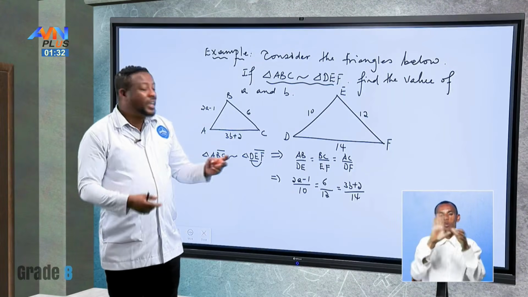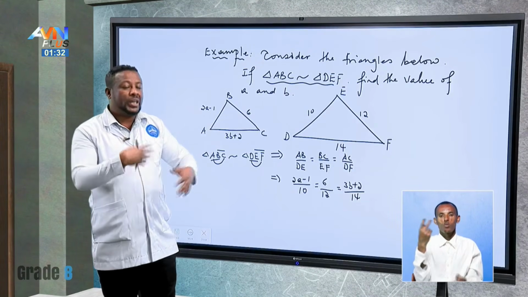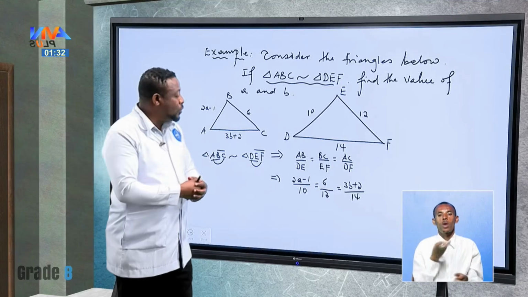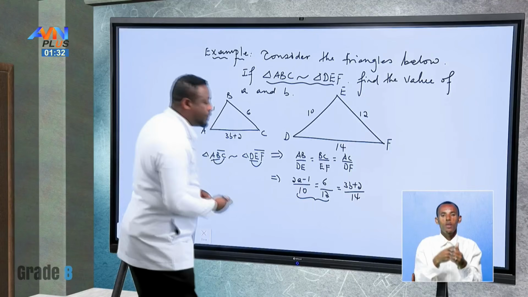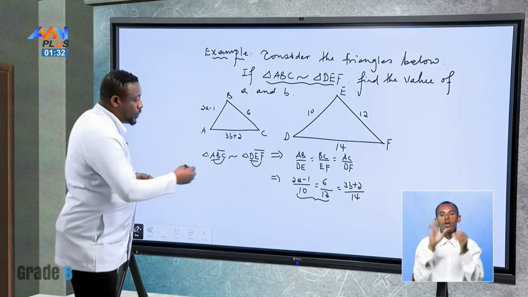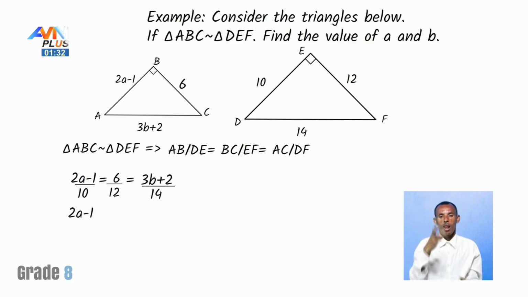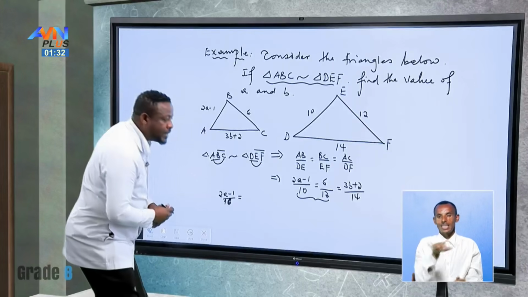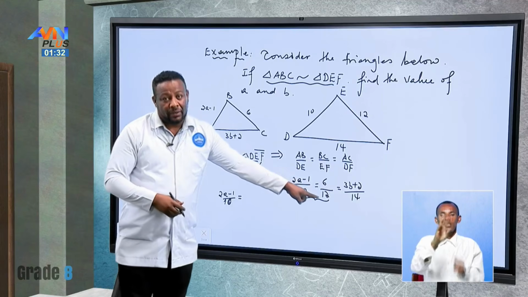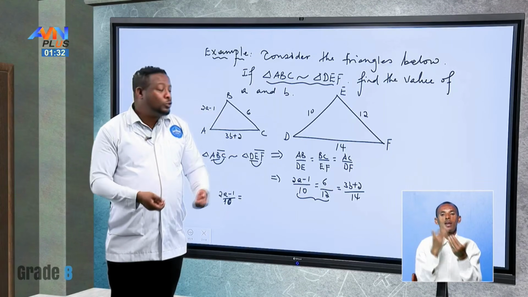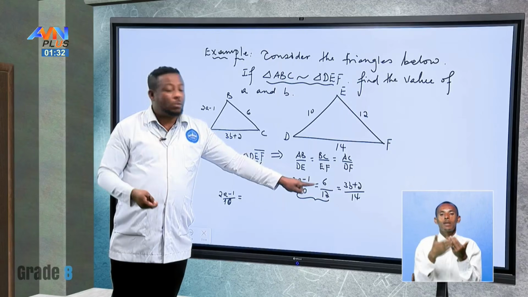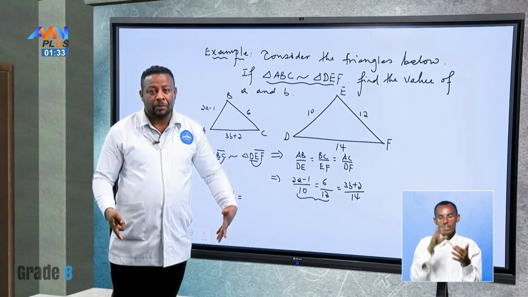By taking two pairs of equations, we can calculate the unknown variables. So take the first one. Whenever we take the first equation, we will have (2A - 1)/10 is the same as 6/12. To make the calculation easier, write the simplified form of 6/12.